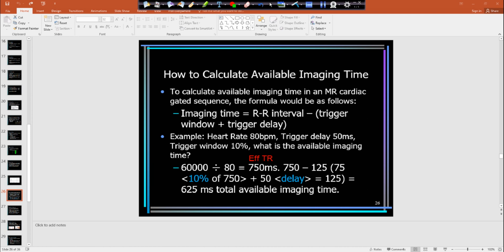You subtract that 125 from the 750, and our available imaging time, our final answer, is 625 milliseconds, which is a good TR for T1 weighted imaging.